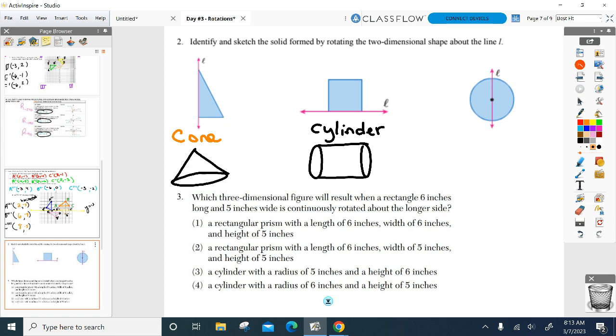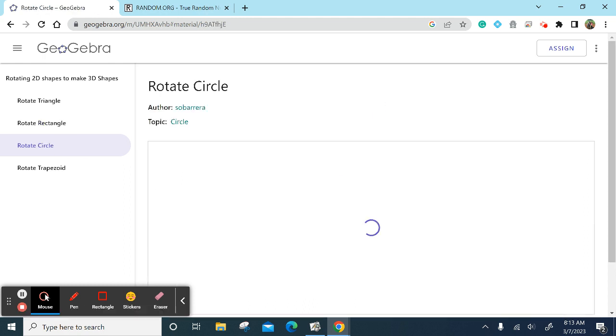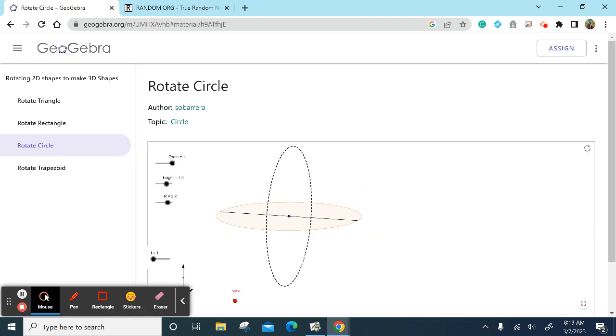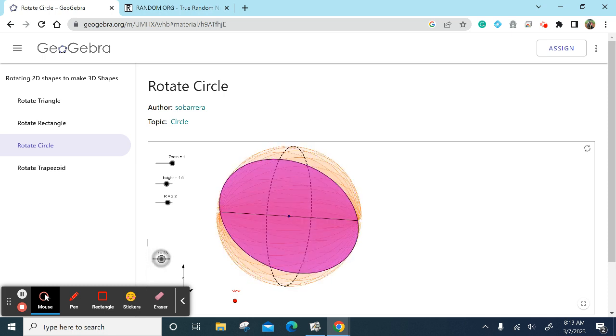And then how about this circle, huh? Visualization. Ready? Take that circle. Please don't say Earth.